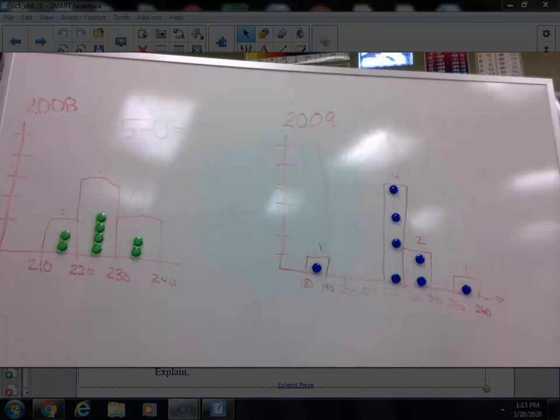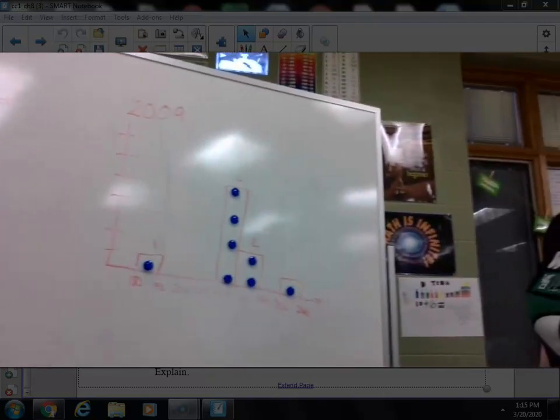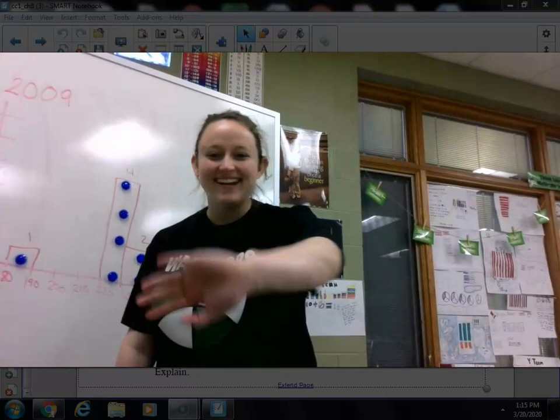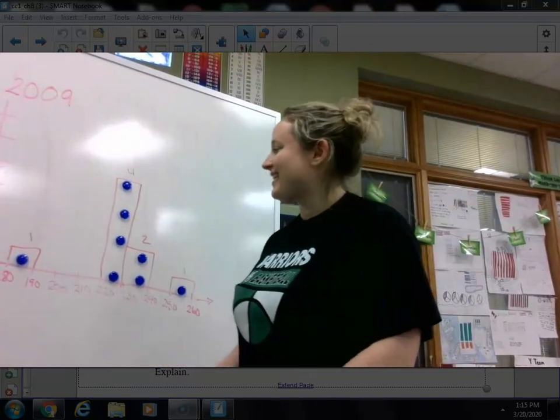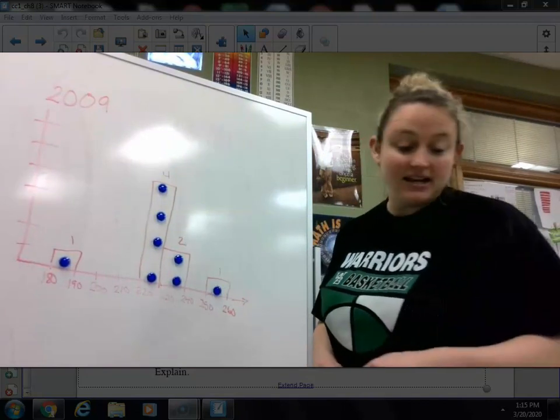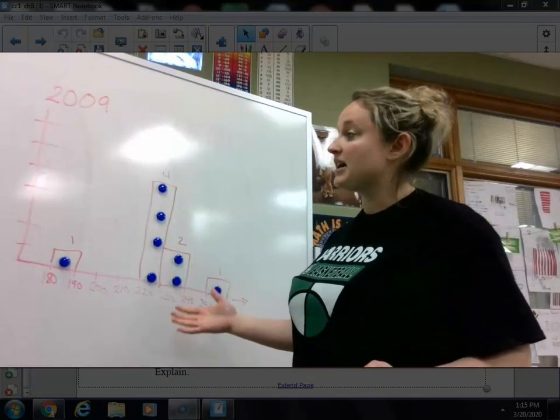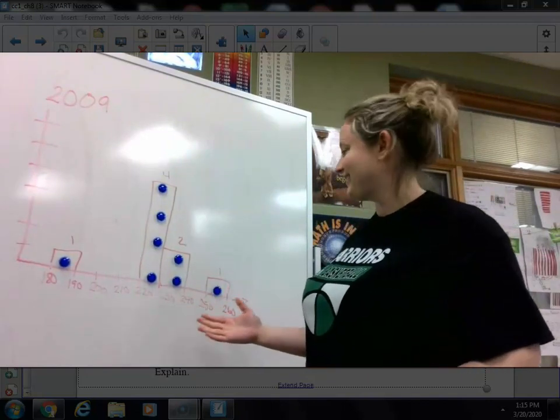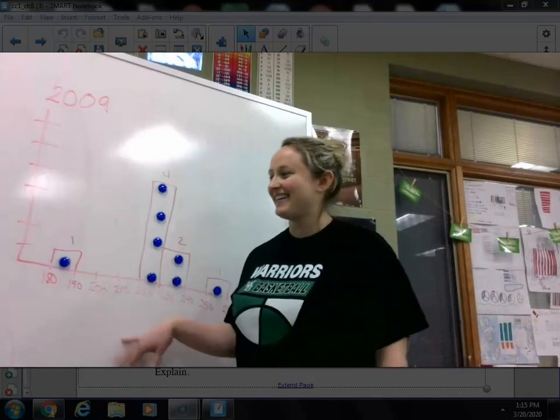So what did you come up with? What did you come up with, Ms. Lanza? I came up with that we cannot determine the mean or the median of this set of data because... Well, why not? It's right there. Why can't we find out the mean or the median? I feel like you should be able to find it.